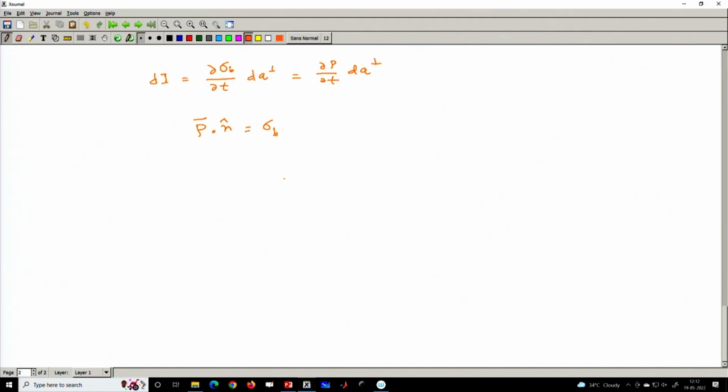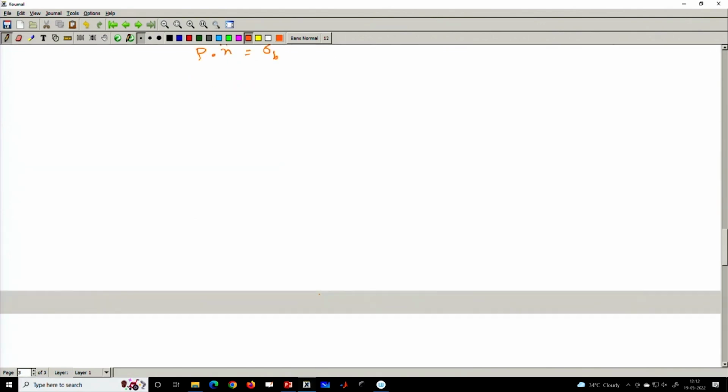Okay. So, the bound current density that we have here, the polarization current Jp, is equal to the time rate of change of the polarization.